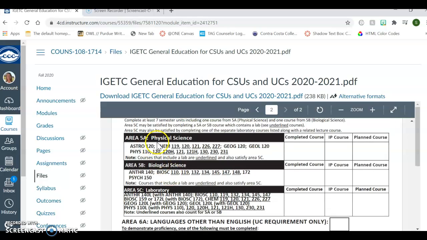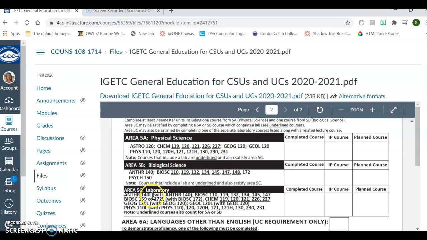The UCs and CSUs want you to have 2 sciences, 1 physical science, 1 biological science, and one of those courses has to come with a lab. Note that the courses that are underlined also include a lab. So for example, BioSci 110 also includes a lab and meets Area 5C. However, Anthro 140 does not have a lab.